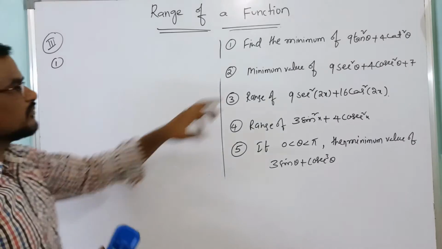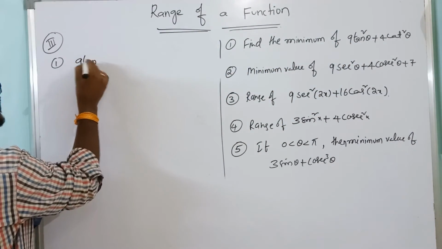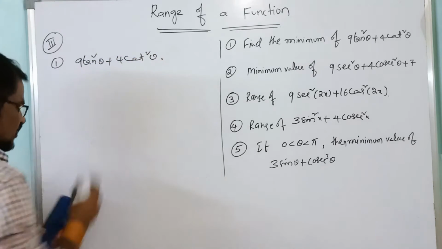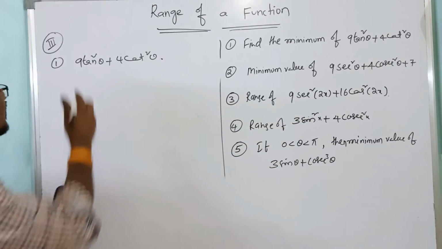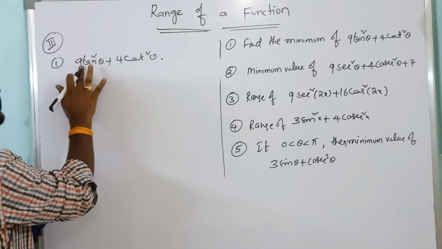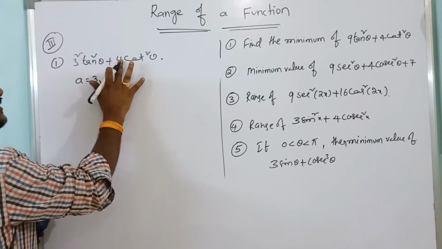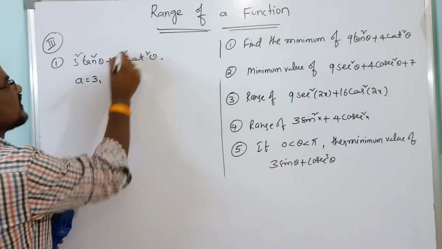What is given? The minimum value of 9 tan square theta plus 4 cot square theta. Now take a square tan square theta plus b square cot square theta greater than or equal to 2ab. Here 9 we write as 3 square, and 4 we write as 2 square.